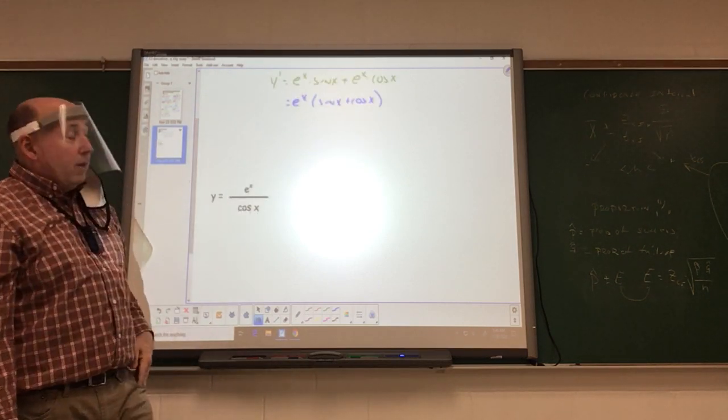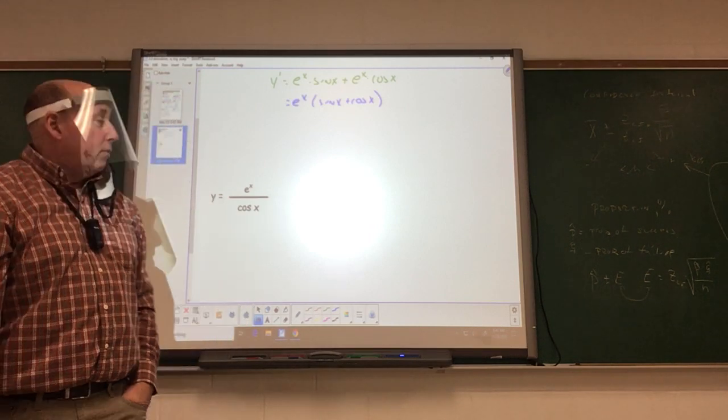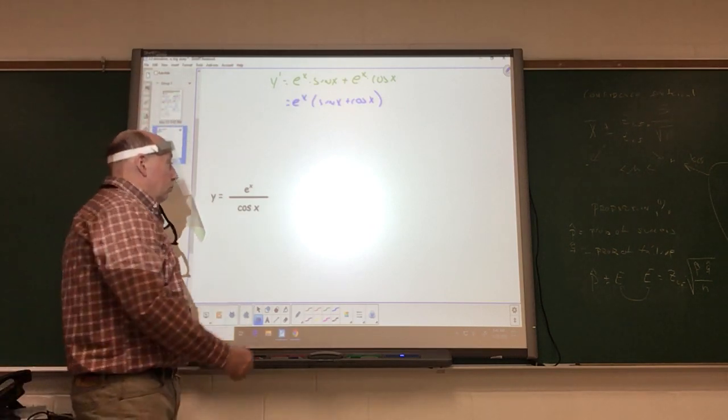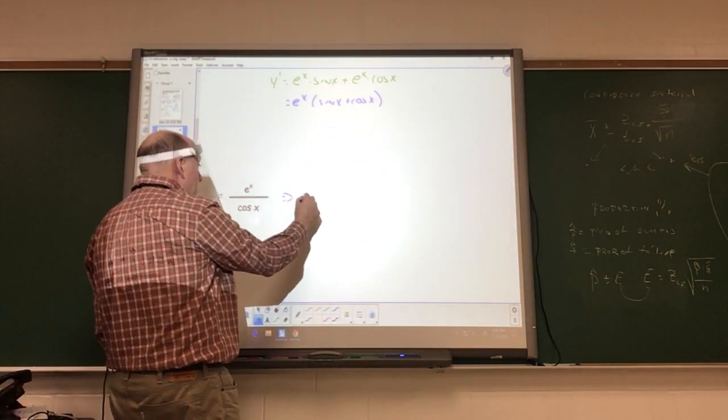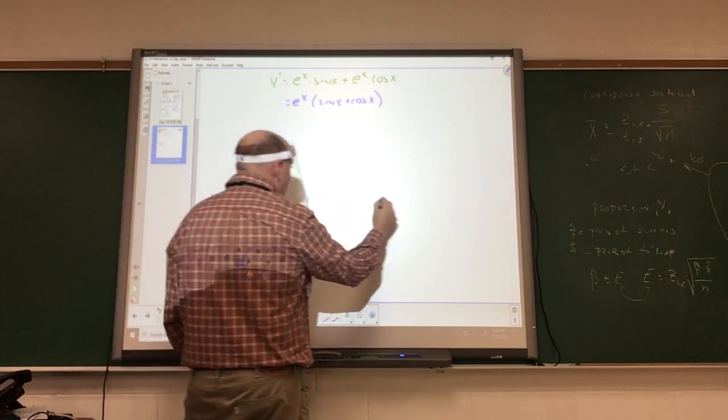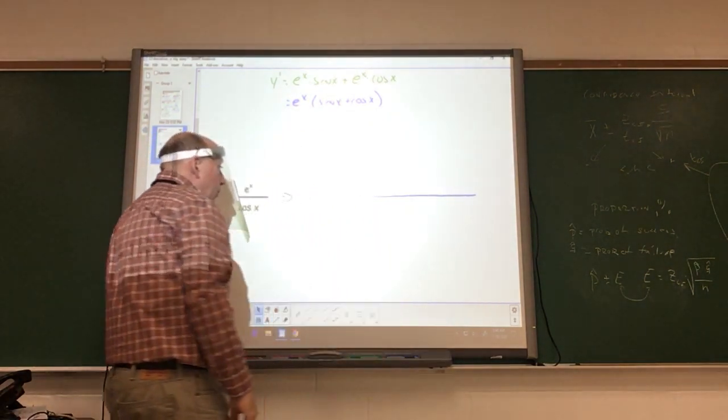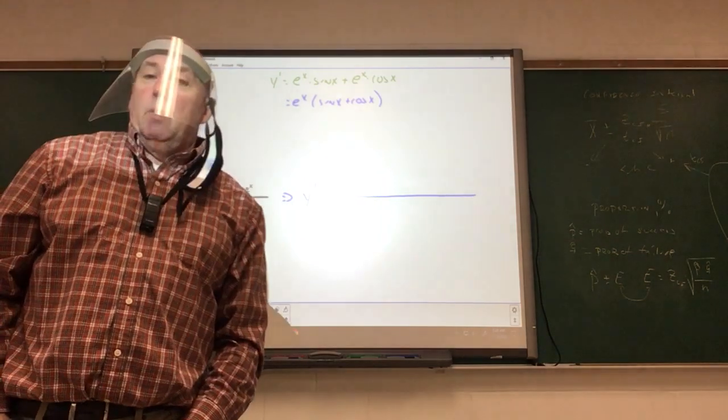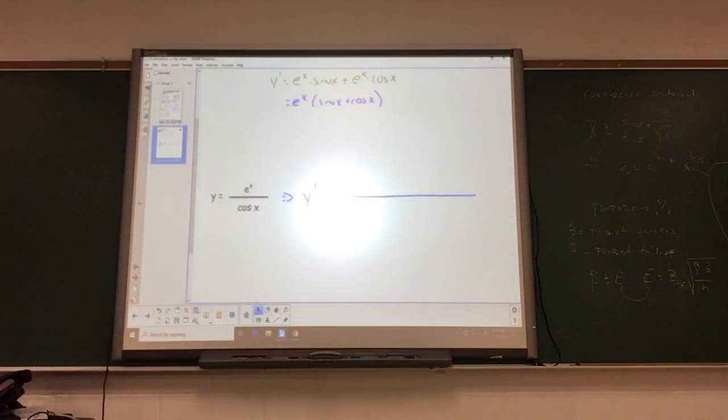We have e to the x divided by cosine of x. We have two things being divided. Go ahead and take your derivative. You have a quotient rule: derivative of the top times the bottom minus the top times the derivative of the bottom, over the bottom squared.